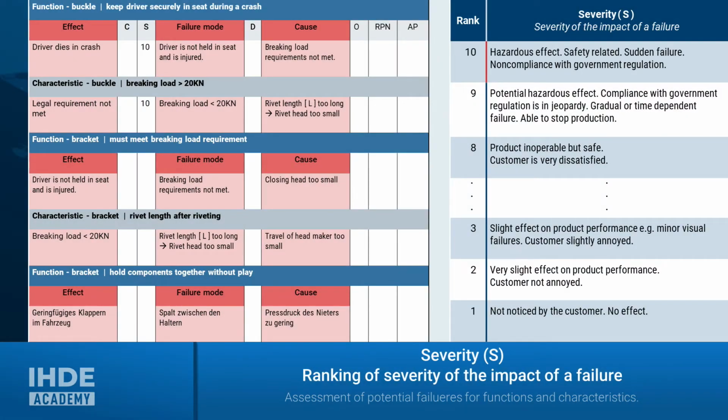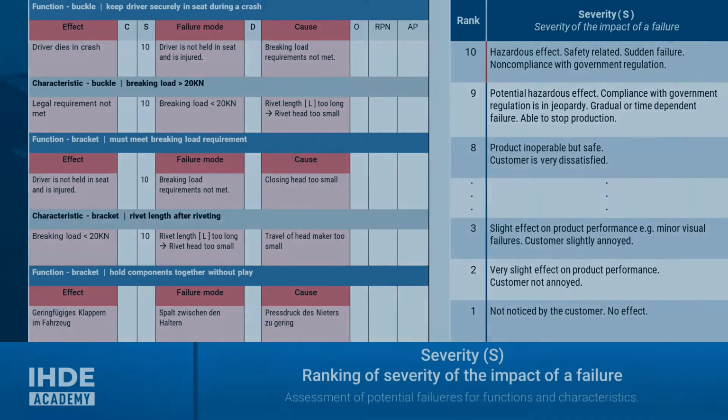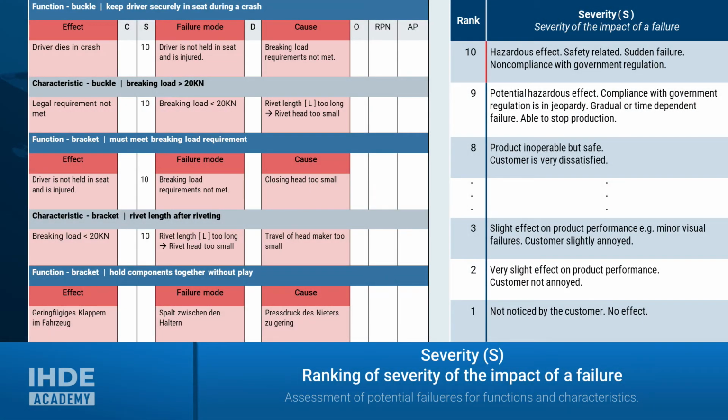If we now look at the failure effect, driver dies in the crash and legal requirement not met in the FMEA, then the severity of these failures must be ranked with a 10. Consequently, the same assessment must also apply to the next consequences of failures.